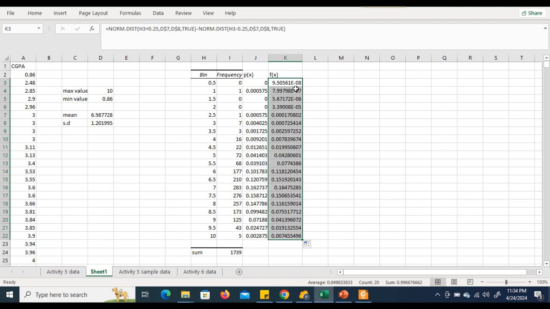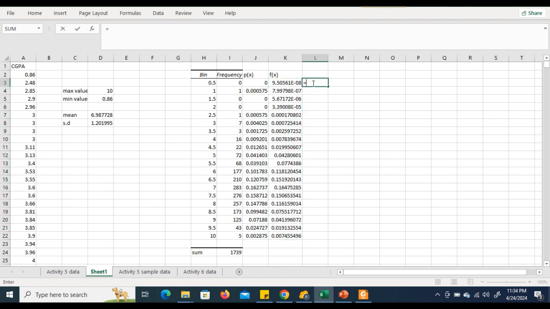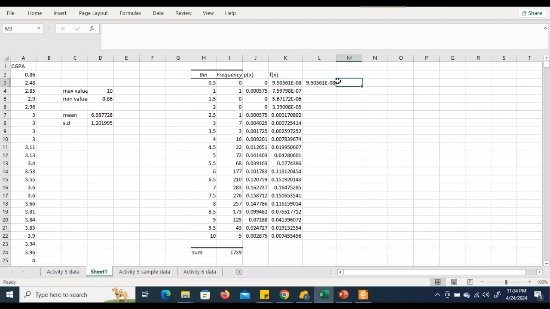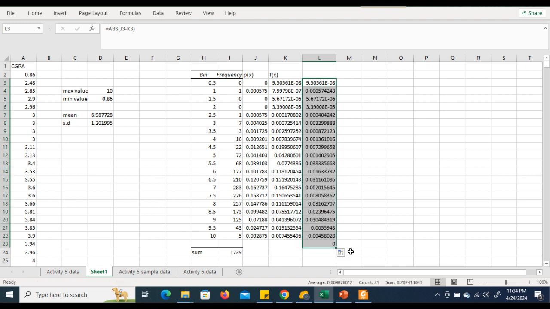If we calculate the error, this minus this, in the absolute form, that means we ignore the negative sign, then we find that the difference is small. So it means that almost these two values are the same only. To get more clarity, what can we do? We can draw the diagram also.